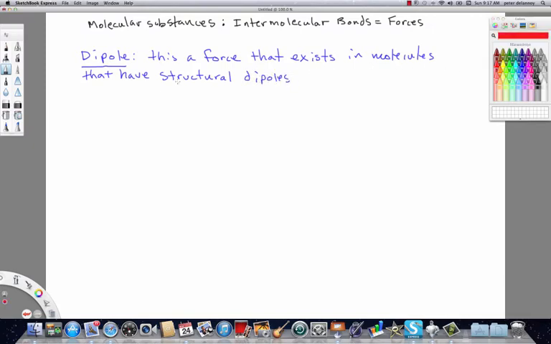Structural dipoles. Now, what does this mean?